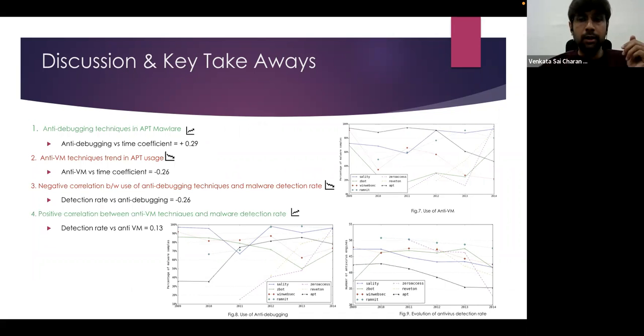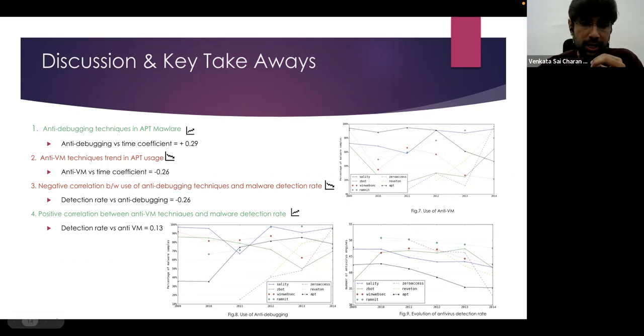For the first result, anti-debugging techniques in APT malware have a positive correlation index with time. That means over a period of time, the use of anti-debugging techniques increased in a large way in APT malware.